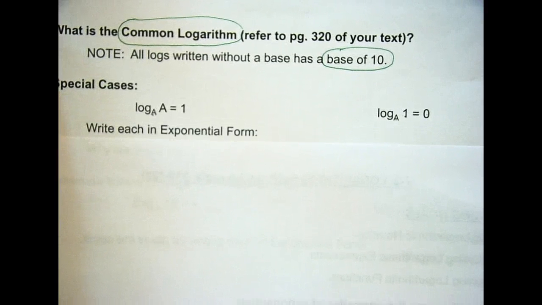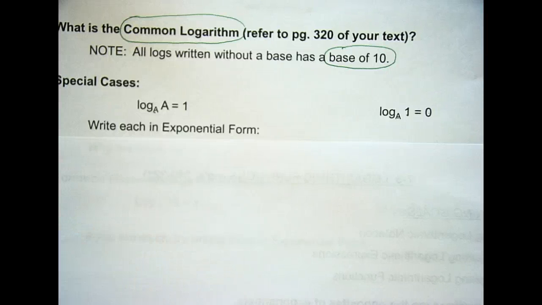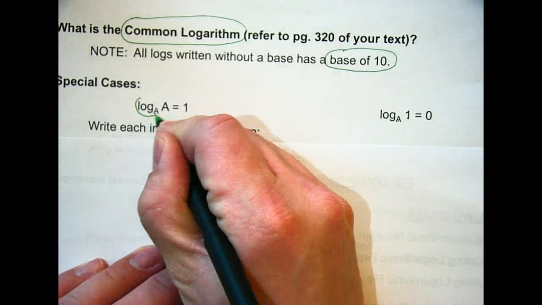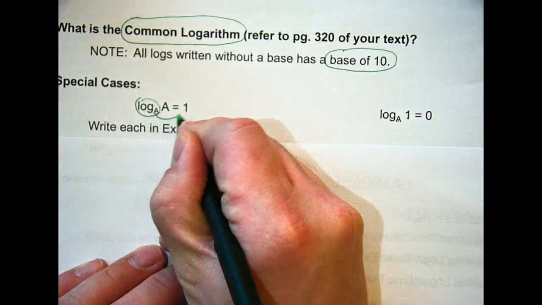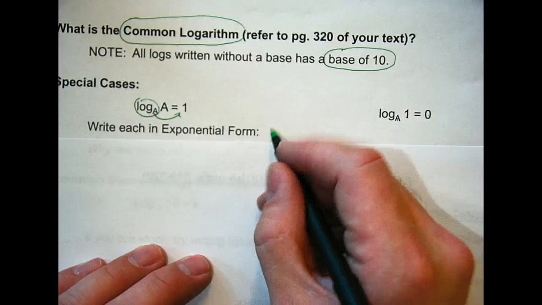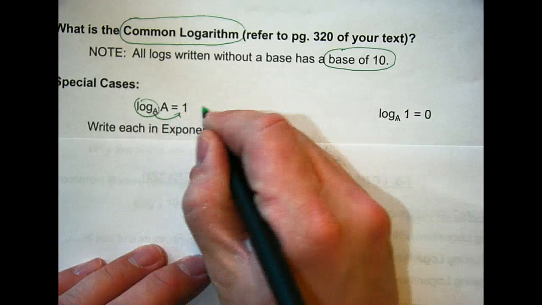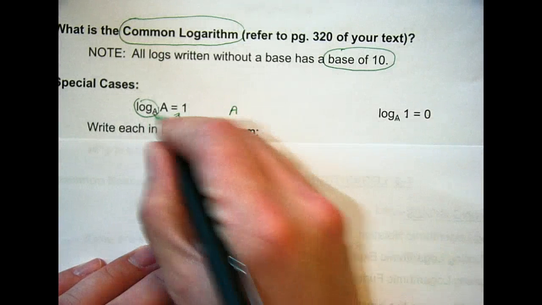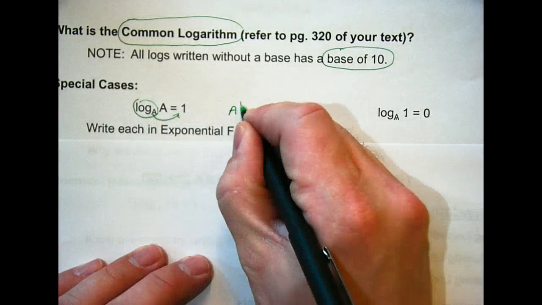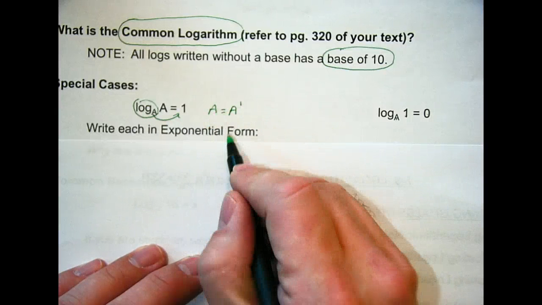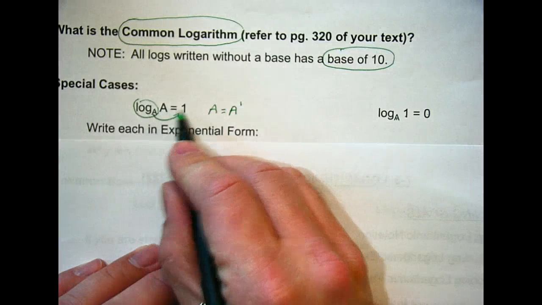All right, why is that? Well, if we write them in exponential form, if I brought this back over to here, what would that be? Yeah, in exponential form, our base is A raised to that power equals A. Well, A to the first power is always A. That's why this equals that.